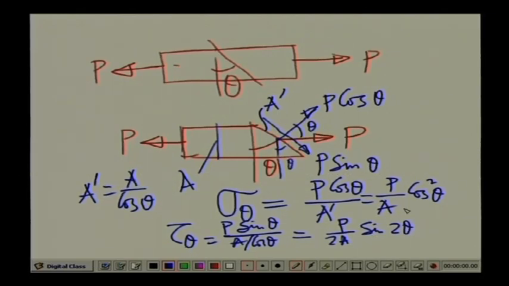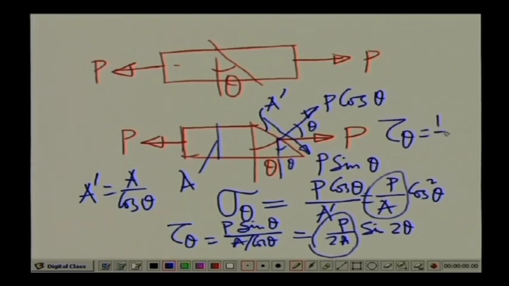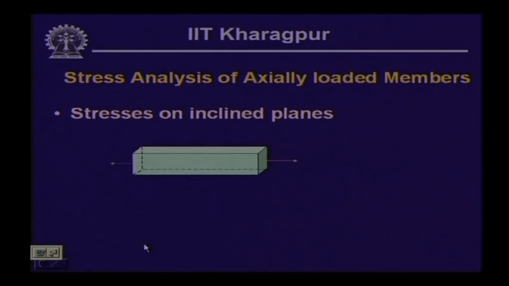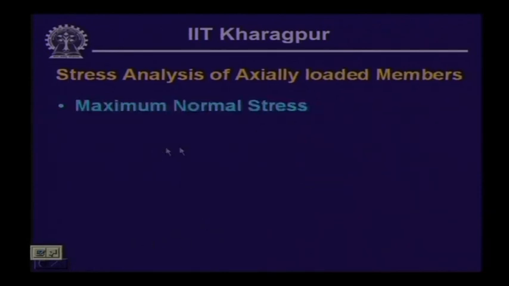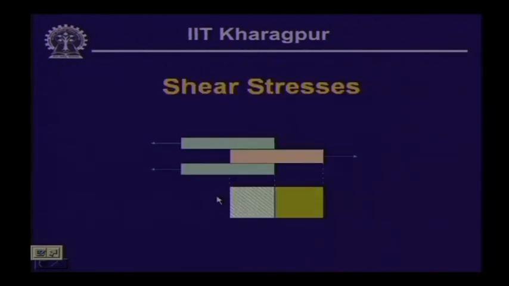So, the maximum value of the normal stress is P by A, and the maximum value of the shearing stress is P by twice A. So, eventually the relationship between sigma theta and tau theta, we can say that tau theta is half of sigma theta. Well, then we have seen the maximum normal stress is P by A and maximum shearing stress is P by twice A.